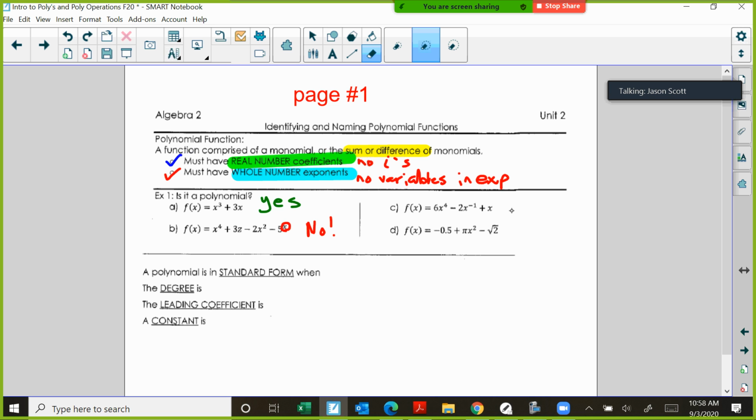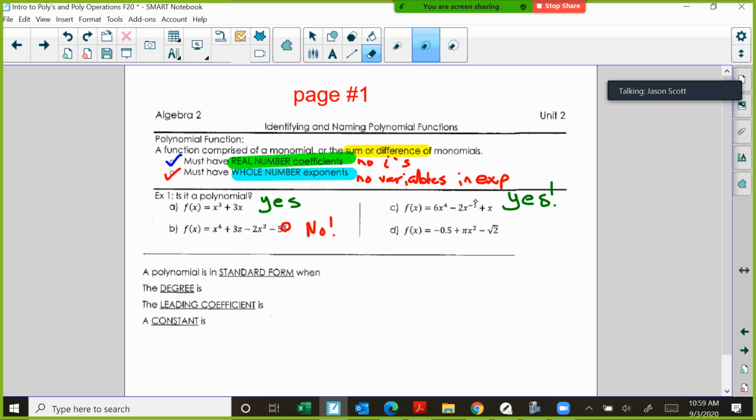So the question becomes, is -1 a whole number? Yes, it is. Okay? It is a whole number. So, yes. We do have a polynomial there. You can have a negative exponent.